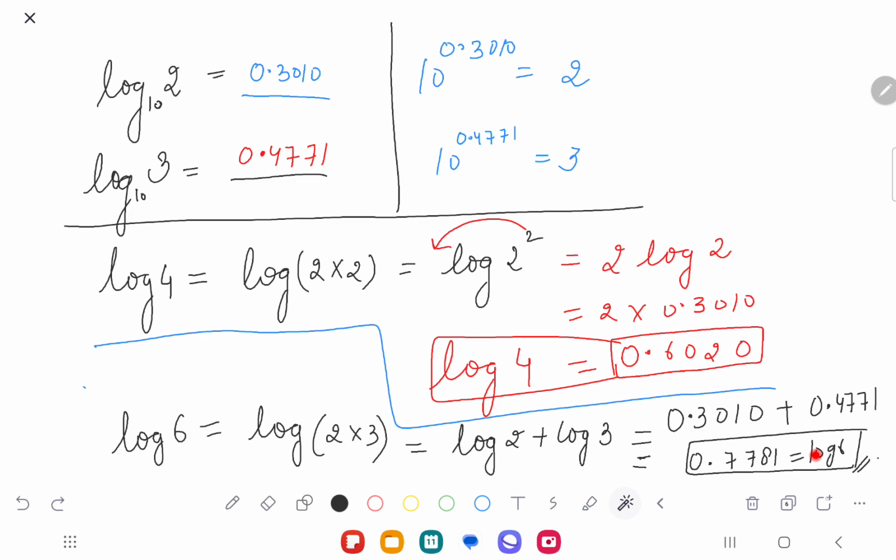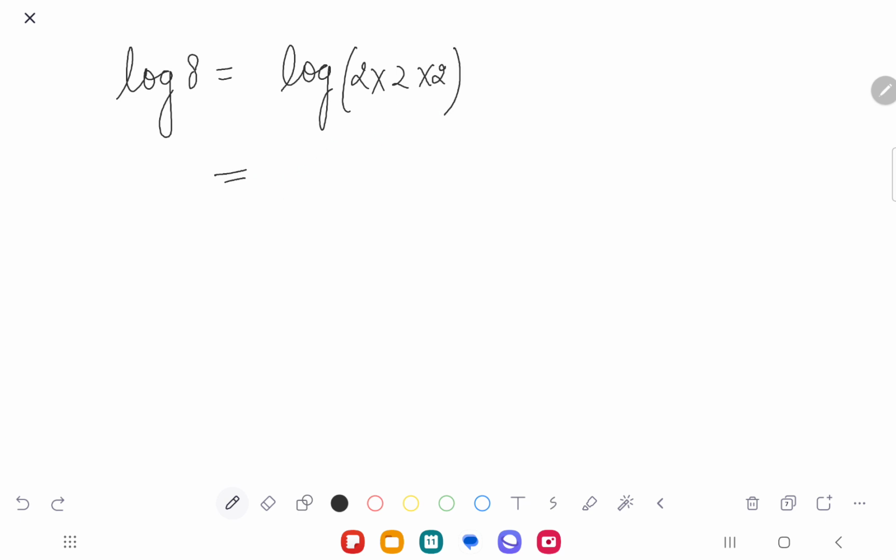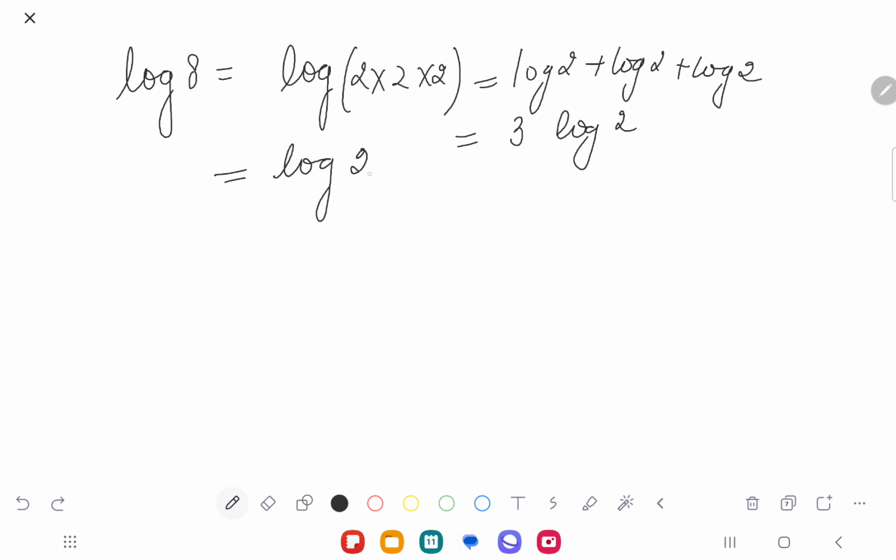All right. Now have a look. If I have to calculate the value of log 8 on the same lines, what do you think I can do? I can write log 8 as log of 2 times 2 times 2. You can write it either as log 2 plus log 2 plus log 2, applying this property, that becomes 3 times log 2, or you can also write it as log 2 cube, so it is going to be 3 times log 2.